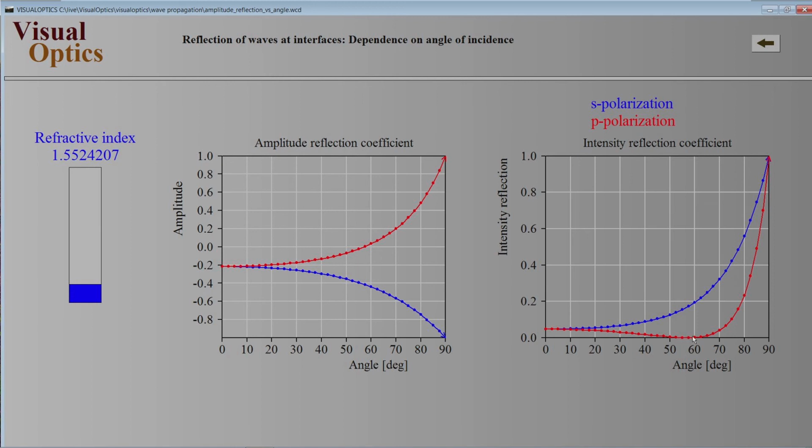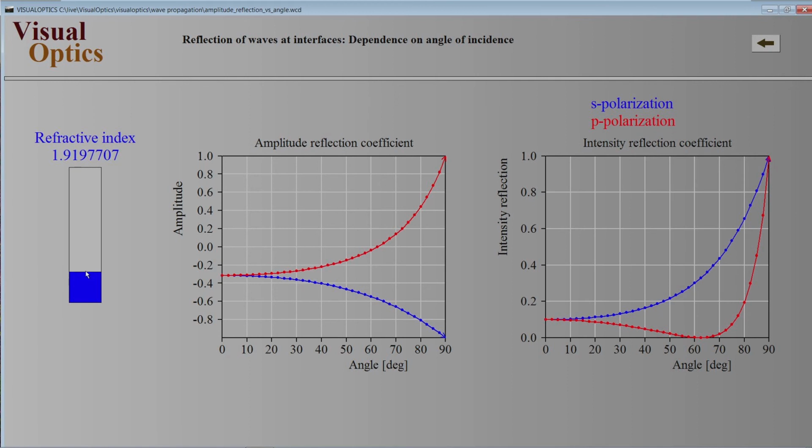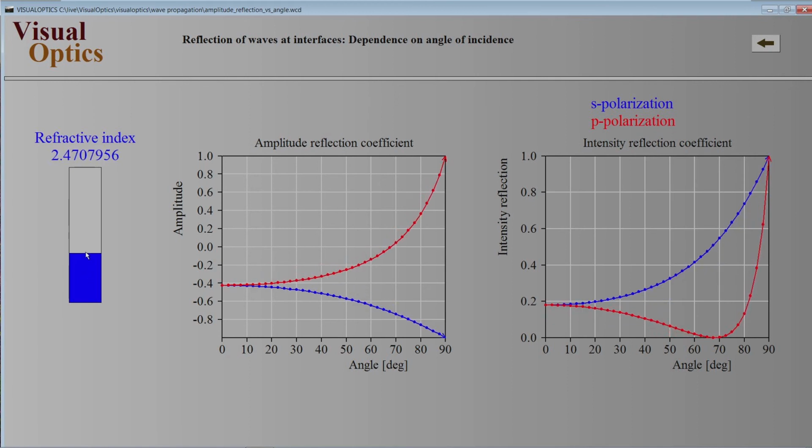It's hard to tell because the curve here is really very flat. There's a large area of angles where the p-polarized radiation is not reflected at all. And this angle, the Brewster angle, shifts with the refractive index. If I go to higher values, the angle gets higher. And so does basically the average reflectance of both polarizations added.